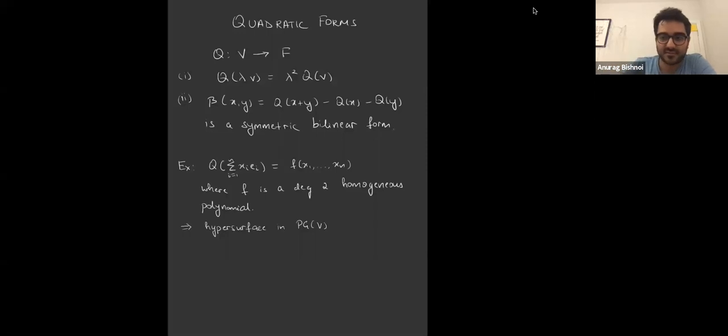The standard examples you get are just using coordinates. You pick any degree 2 homogeneous polynomial and use that to define your function. And that will give you a quadratic form. In fact, if you remember the first lecture, you get a hypersurface in PG(V). And the conics are a special case.